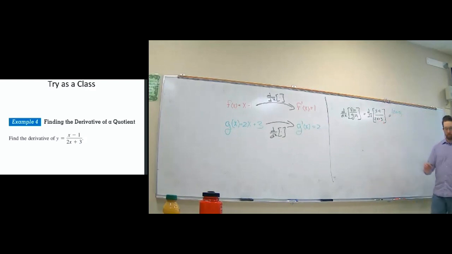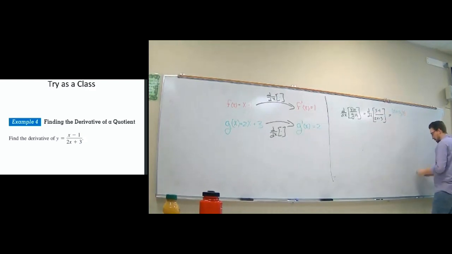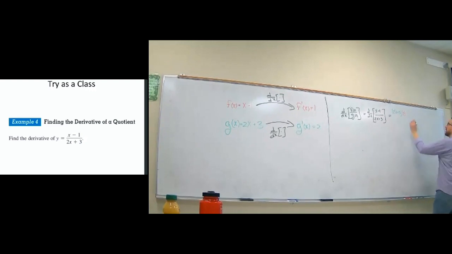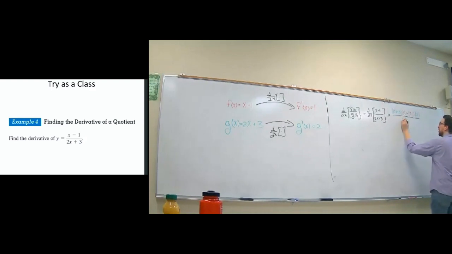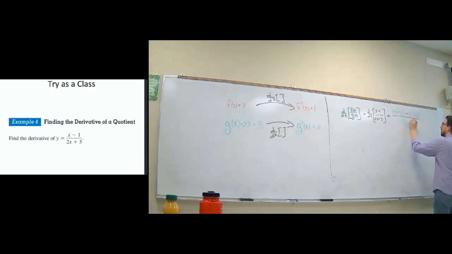Low. D high, that's the derivative of what's on top. It's just 1. Minus high, that's x minus 1. D low, so it's just 2. Divided by the square of what's below. So that is 2x plus 3 squared.